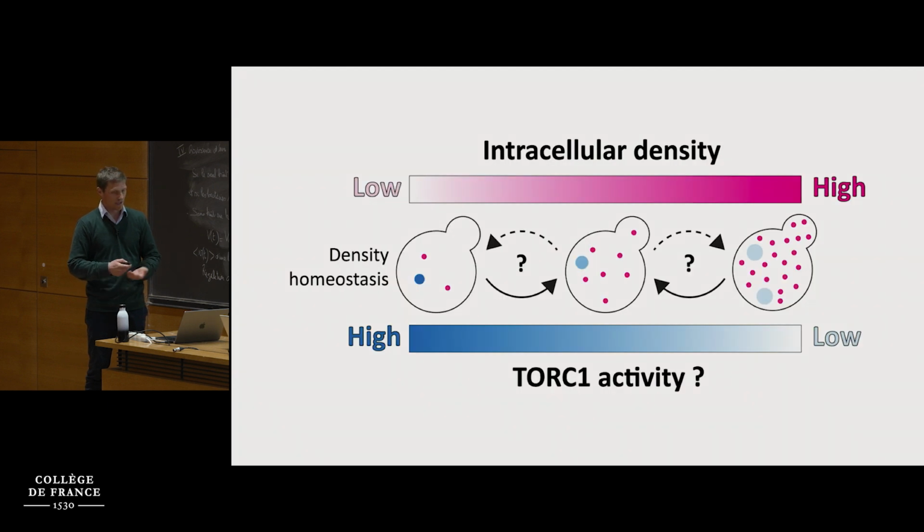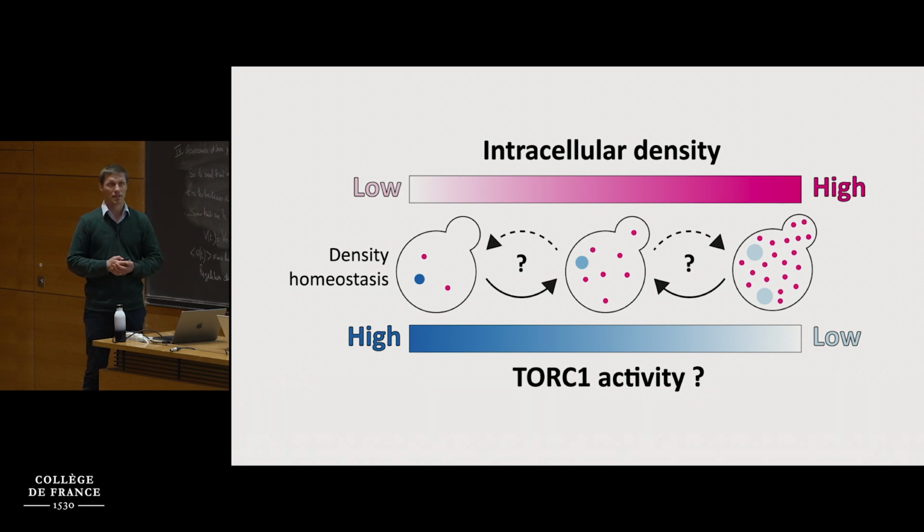This is a working model we have right now of how TORC1 might be sensing and regulating macromolecular crowding through phase separation. If crowding is high, TORC1 becomes inactive, leading to a reduction, and vice versa. Of course, these are all correlations and speculations.